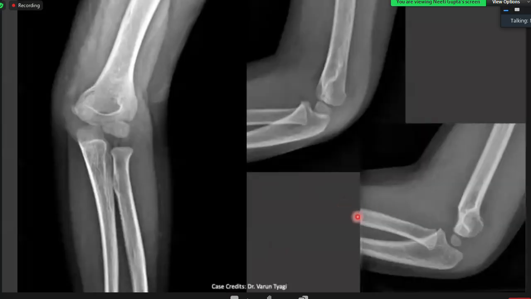Now, here is the next case of a 5-year-old child with a history of a fall on outstretched hand. Please post your findings in the chat box and we'll discuss this case quickly.